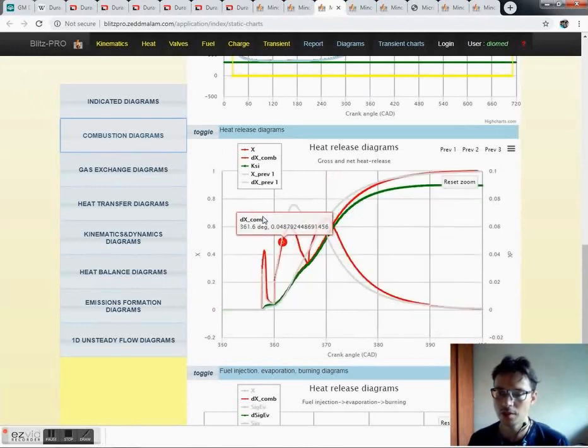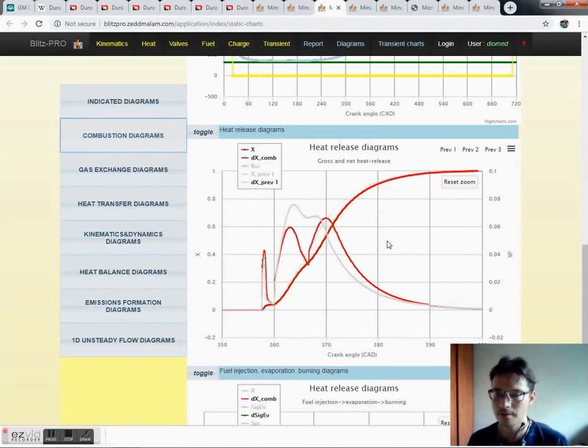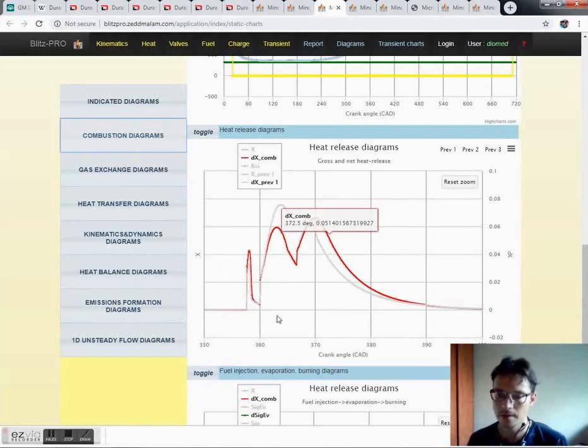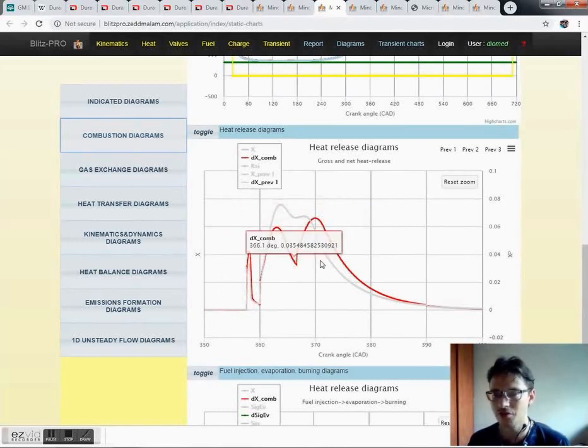As we can see, splitting the injections for the triple injection, we can just drop the heat release at the middle of the combustion process and transfer it into a little bit later period.